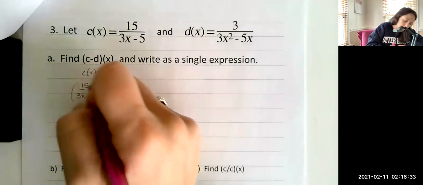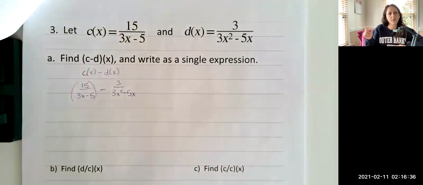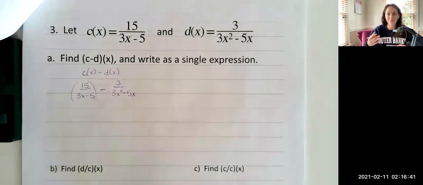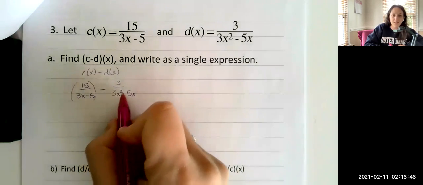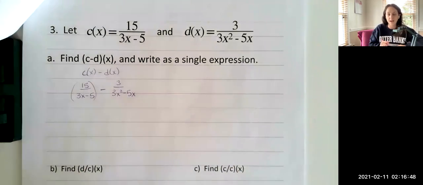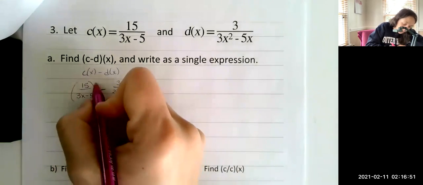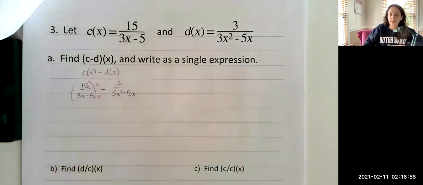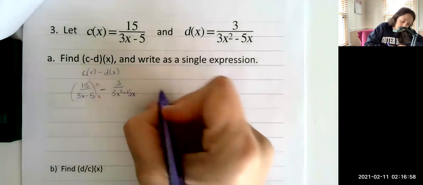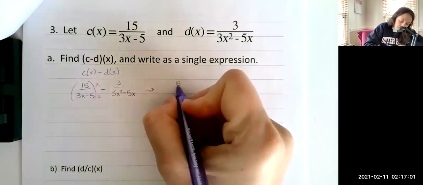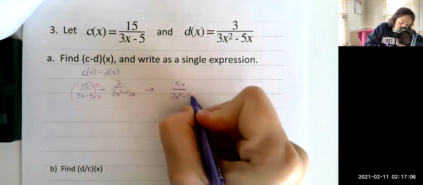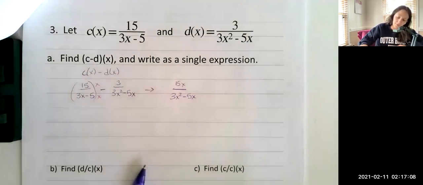So this is something that we're going to really tackle next unit or 2 units from now, but we're going to be making common denominators in a more fun way, a higher level than what you've done previously. And in this case, that means that I need to multiply in one more x, because if I put in one more x to this first fraction, I get a denominator that matches the second one. So that's going to become 15x over 3x squared minus 5x for that first fraction.